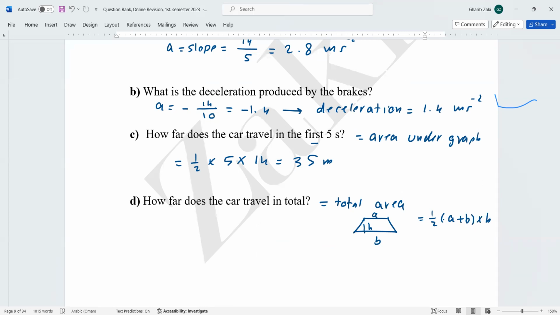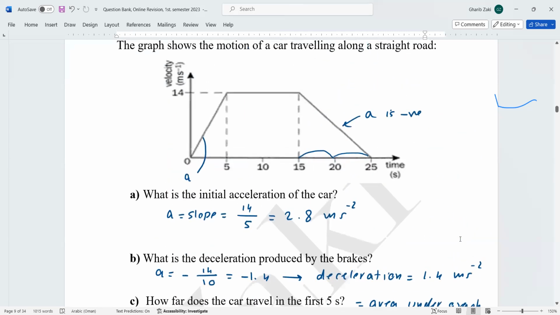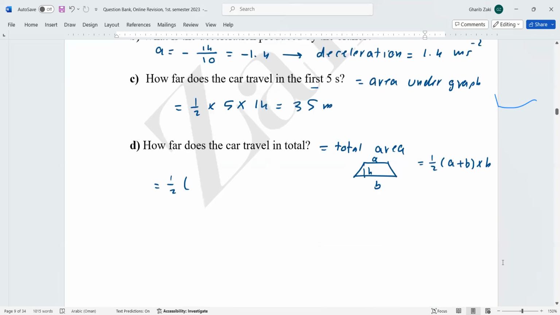So the total area equals half multiplied by A, from 5 to 15, so it's 10, and B is 25, and the height is 14. We write 10 plus 25 multiplied by 14. When we calculate this, it will be 245 meters.